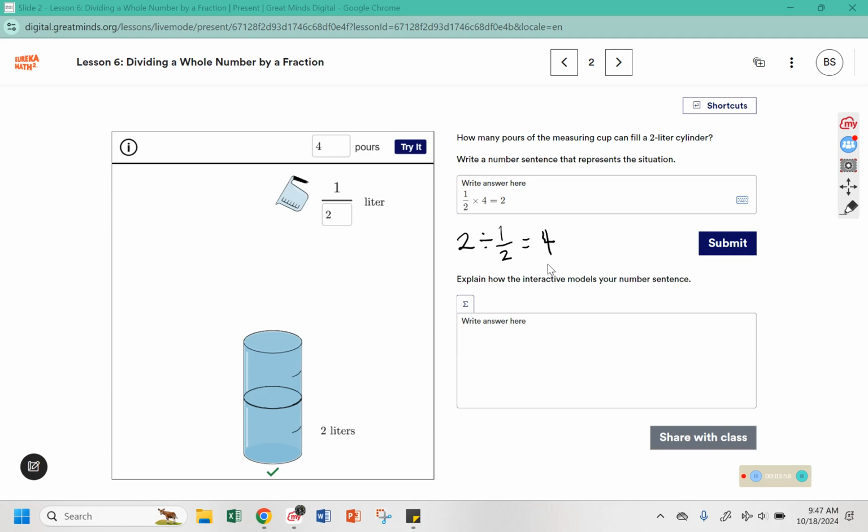It says explain how the interactive models your number sentence. It takes 4 of the 1/2 measuring cups to fill a 2-liter container.